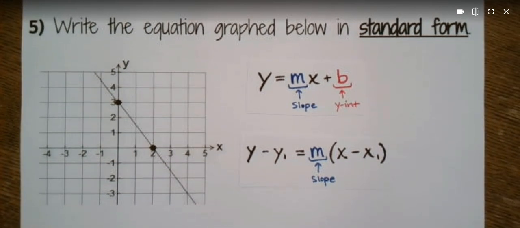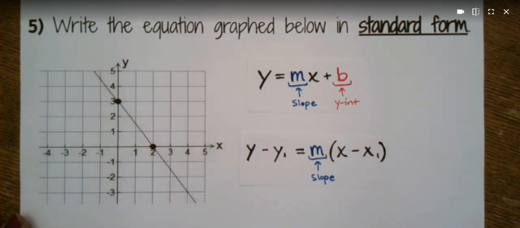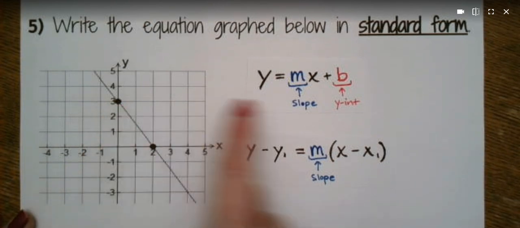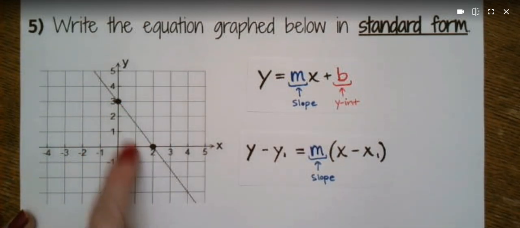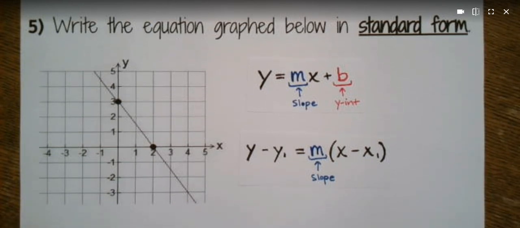So let's think about what information we know. We could easily find the slope, and we're going to need the slope for either form we pick. Looking at the graph, I can quickly find the y-intercept, boom, right there. I could also find a point along the line and put it into point slope.